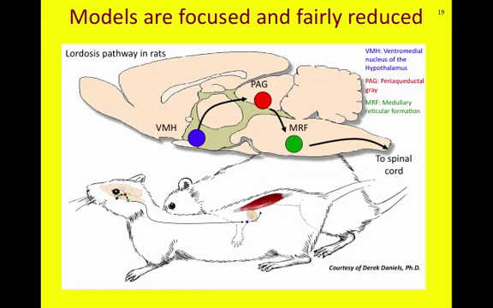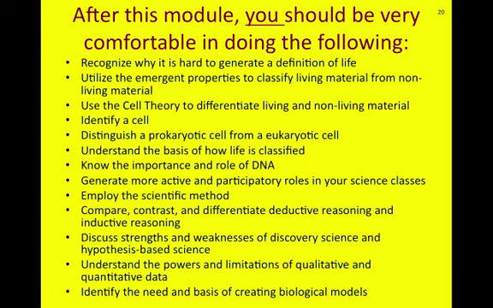And with that, I will be ending my lecture on Module 1, covering Chapter 1 in the Campbell Biology textbook for Biology 230. After this module, you should be very comfortable in doing the following. And I underline the word you because I really do mean you. Not your friend, not your book, not your notes, not your teacher, not your TA, but you need to be able to do the following things listed on this slide.